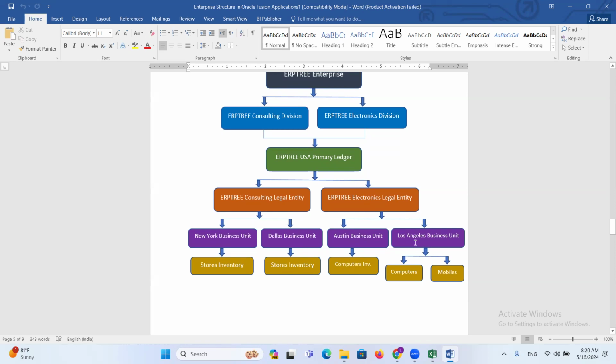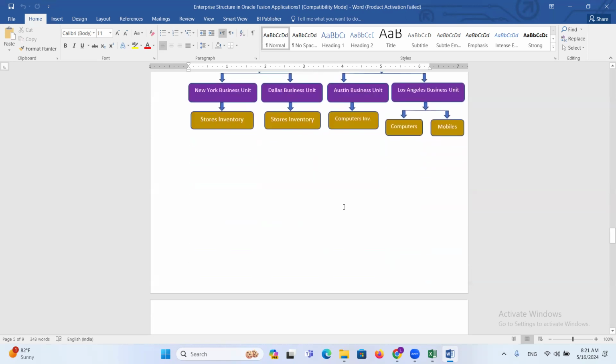And in Los Angeles, they are into two different businesses, selling computers as well as mobiles, so they have separate warehouses for computers and mobiles. This is how the enterprise structure looks. If the client is operating business in one country, with two divisions, two registrations, and four locations, with a few warehouses, this is how the structure looks.